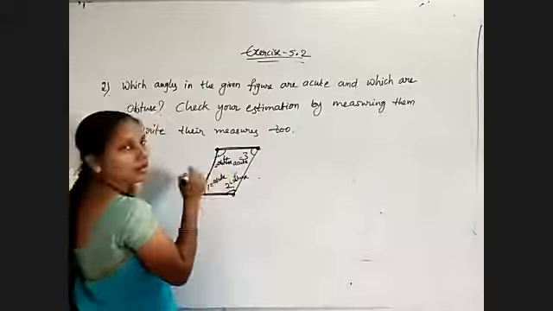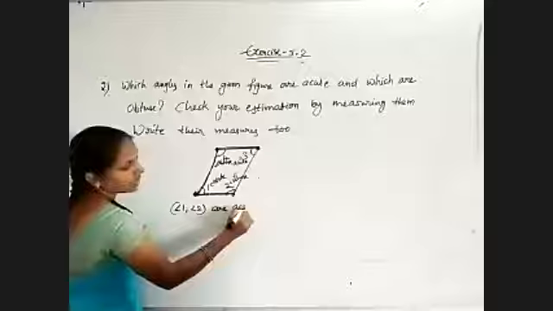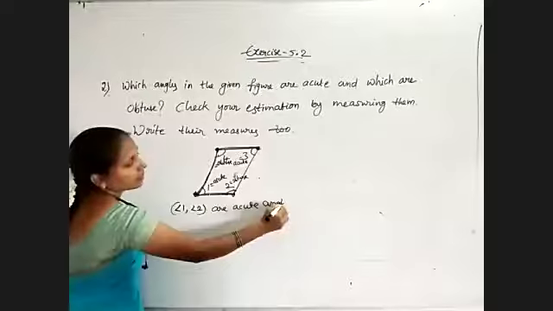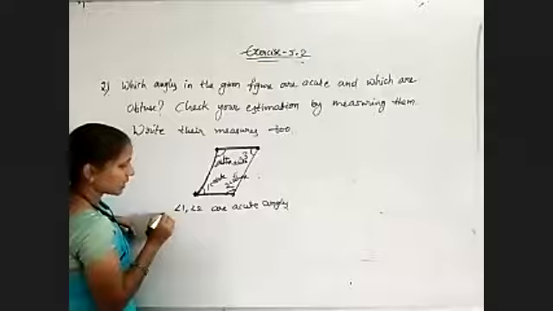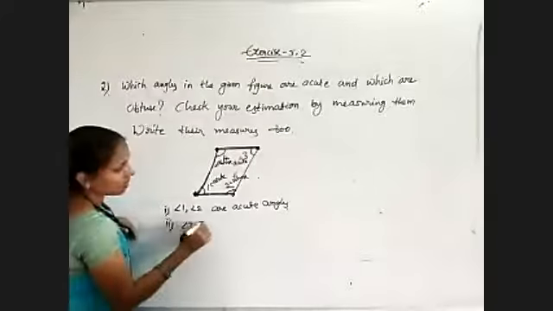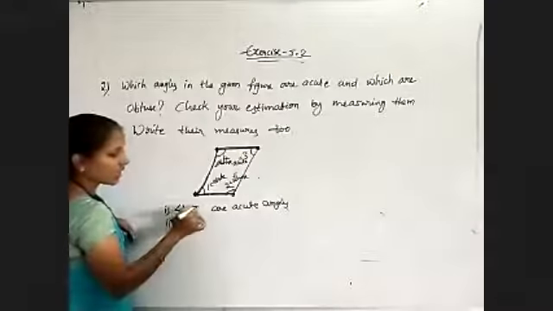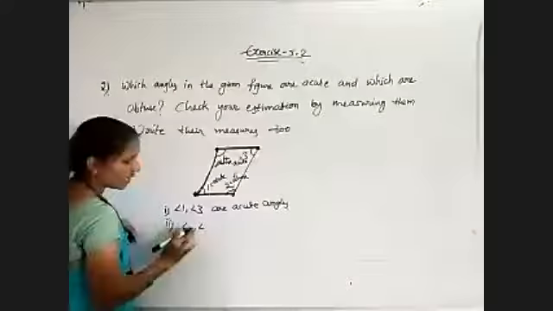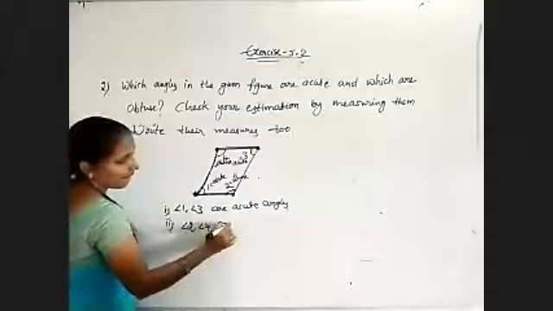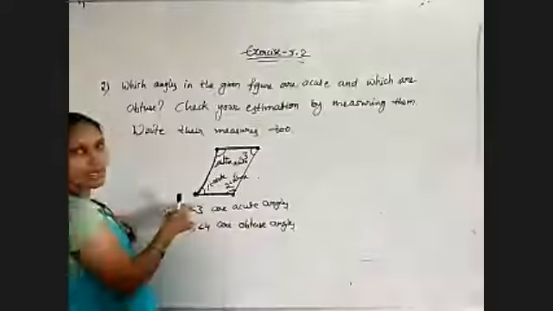So in the given figure, angle 1 and angle 3 are acute angles. Angle 2 and angle 4 are obtuse angles. This is about first thing.